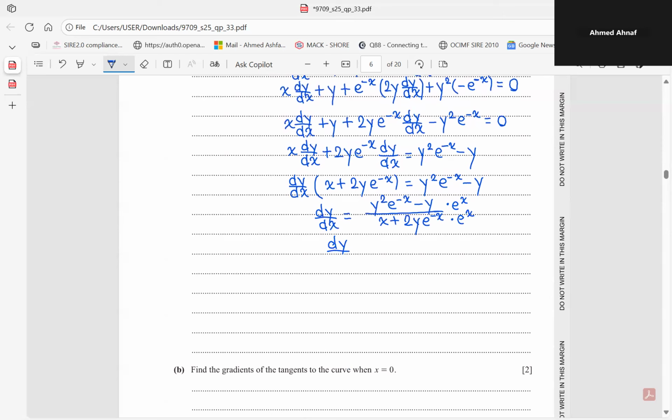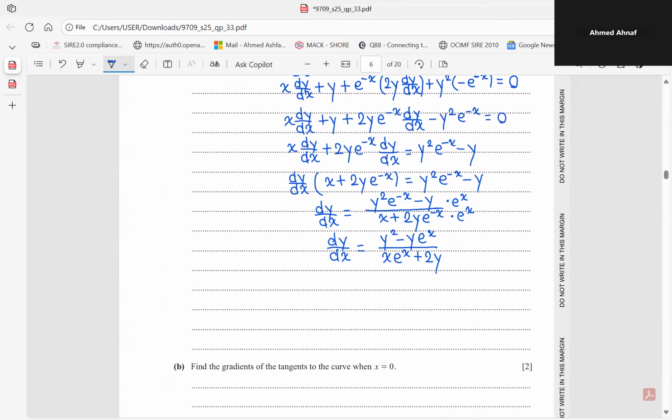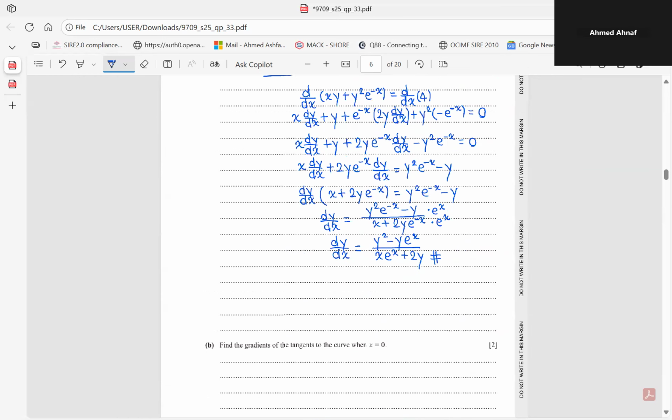So finally, you will get (y² - y e^x) over (x e^x + 2y). All right, so this is our final answer. We can write shown here since we've shown the result.